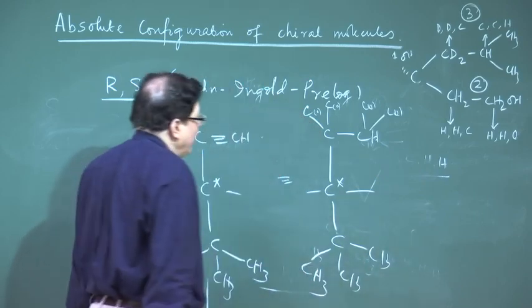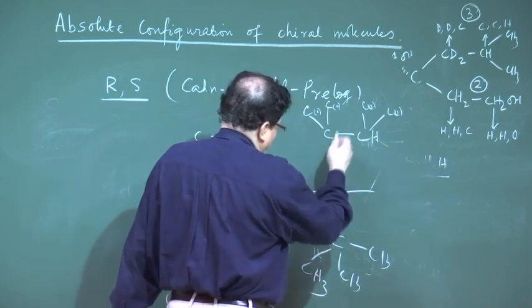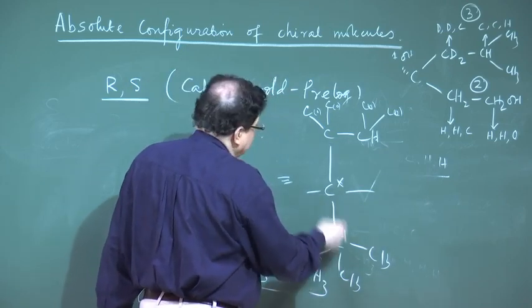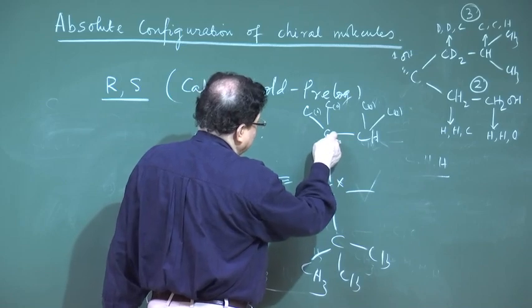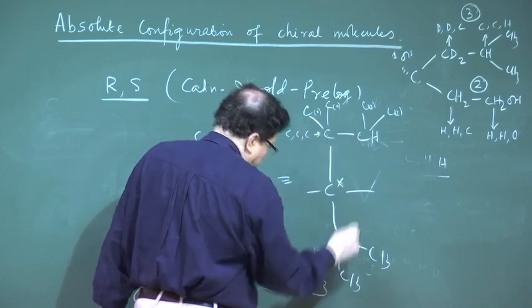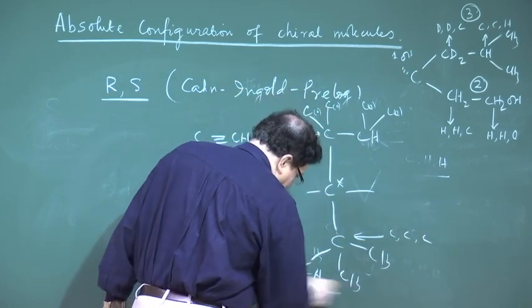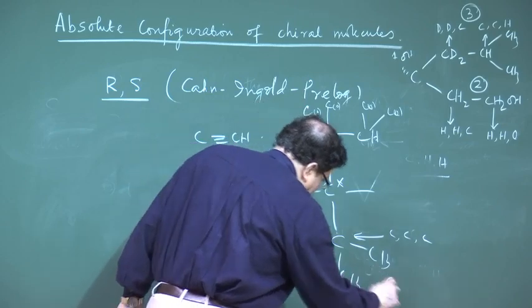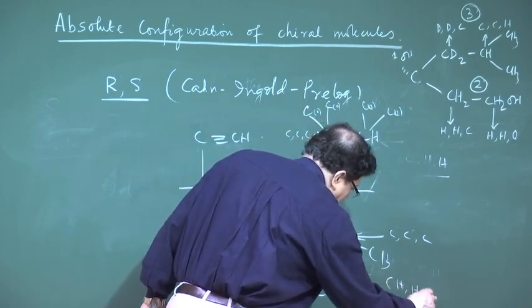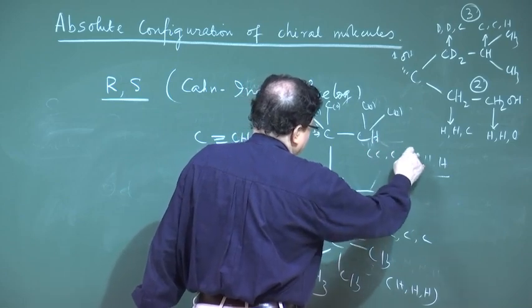Now, what will happen? You check where the difference is. The first is that this carbon is attached to 3 carbon atoms. So, there is virtually no difference. This carbon is also attached to 3 carbon atoms, but the next carbon, whichever you take, is attached to only hydrogen, hydrogen, hydrogen, and here they are attached to carbon, carbon, hydrogen.